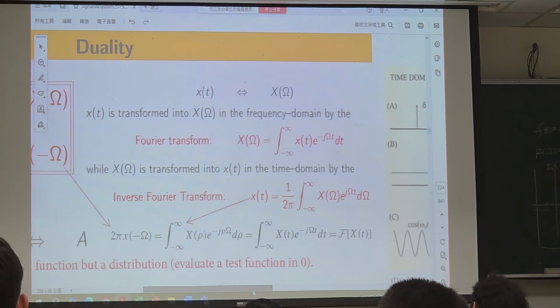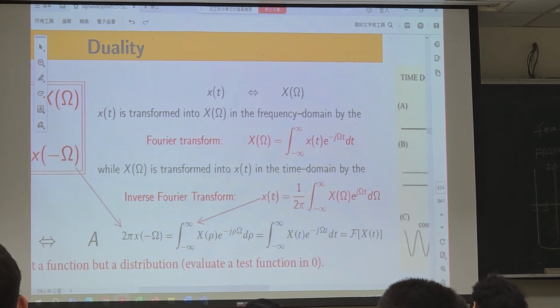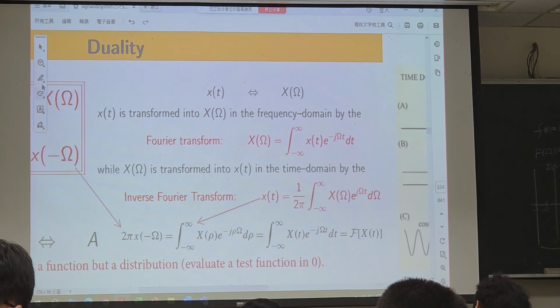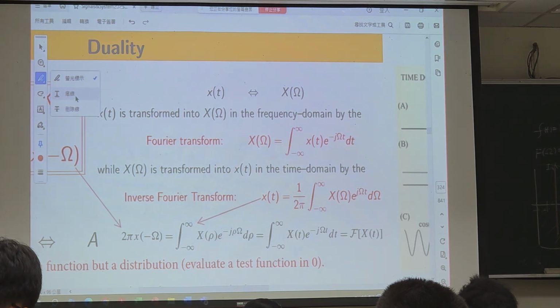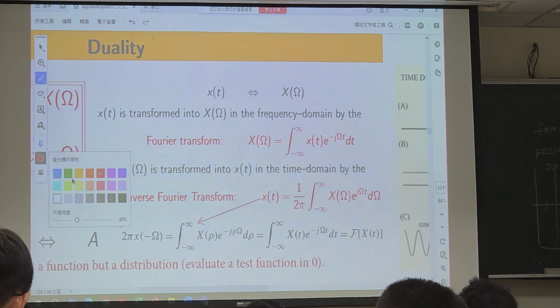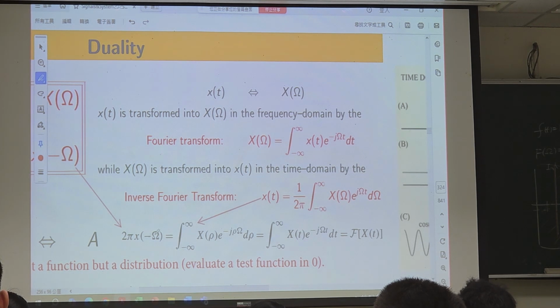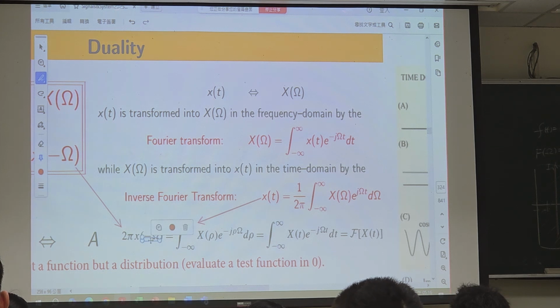But what if we replace the argument t by negative omega? Just an argument, so I can replace it, and multiply by 2 pi.